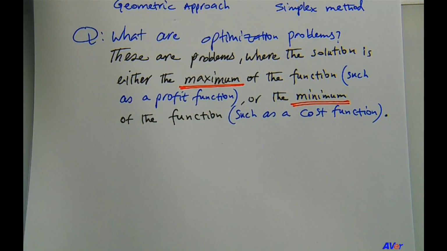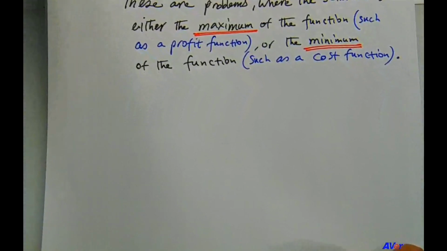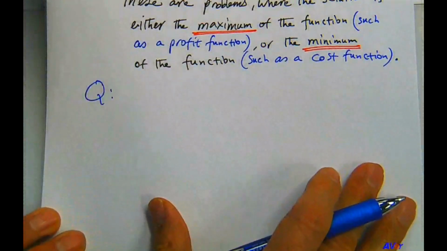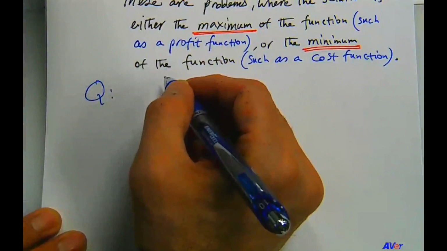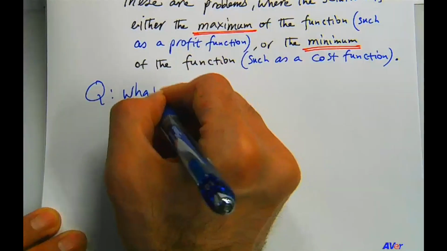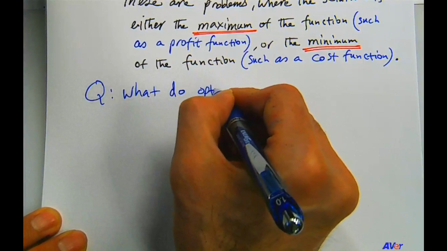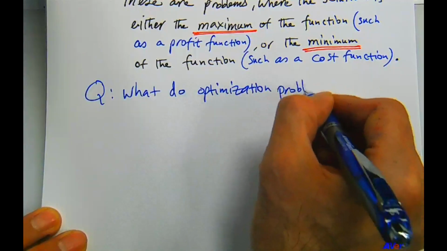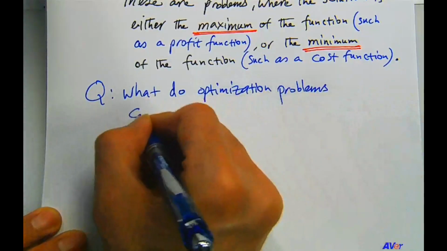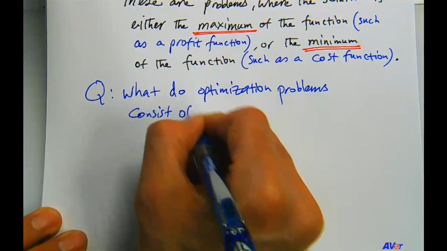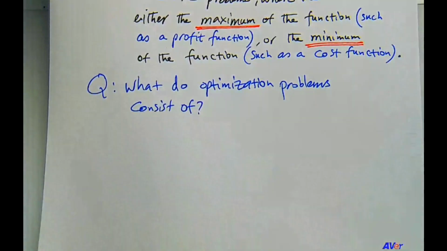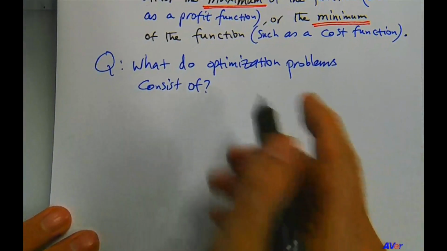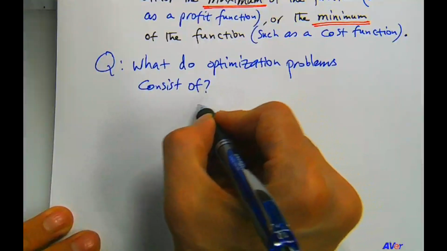Okay, so let's ask another question and answer it at the same time. We want to know what optimization problems consist of. Okay. They have several components. Let's become familiar with those. We're going to be working with this for the next few sections.